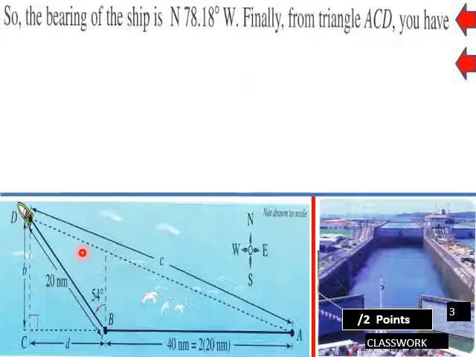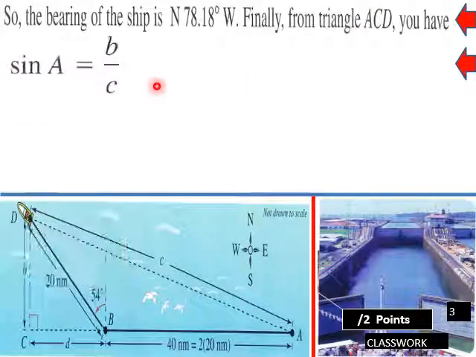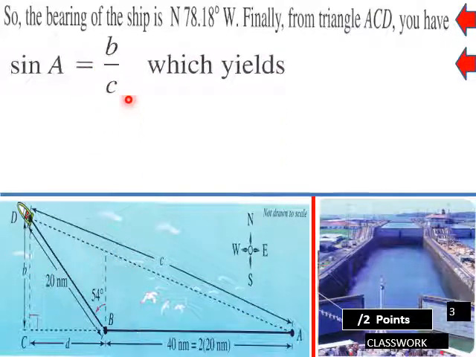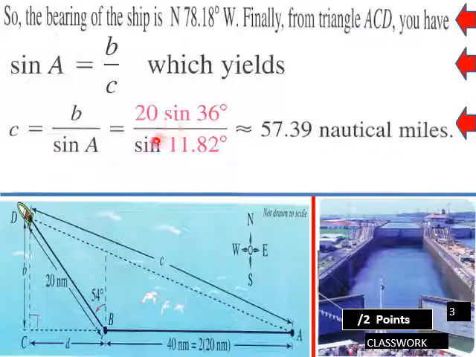Finally, from the triangle ACD, you have sine A. Sine of angle A is b over c, which is our hypotenuse, so c would be b over sine A. We're going to use sine A for c here, because we know sine A is sine 11.82 degrees.